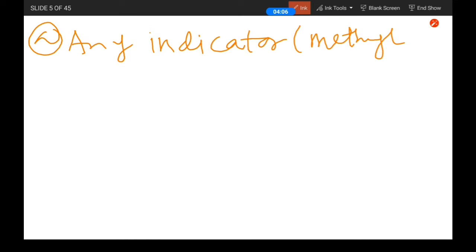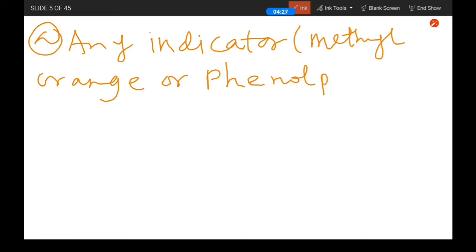But if you have to answer this question in the exam, you have to just write methyl orange. Just write one of them. But because I'm teaching you now, you can write methyl orange or phenolphthalein. So any one of them can be used, because we are dealing with strong acid, strong base, right? Very good. So phenolphthalein, you have to get your spelling right.